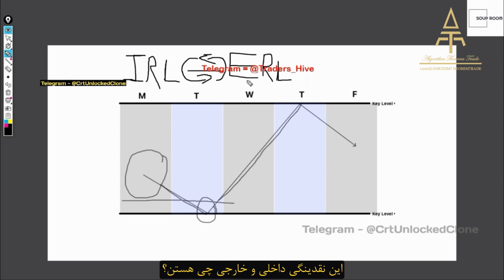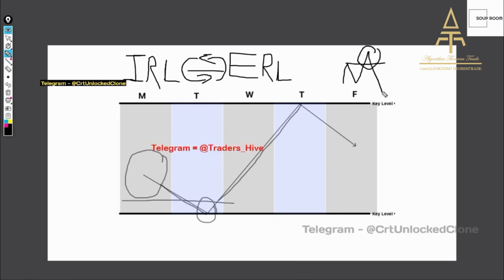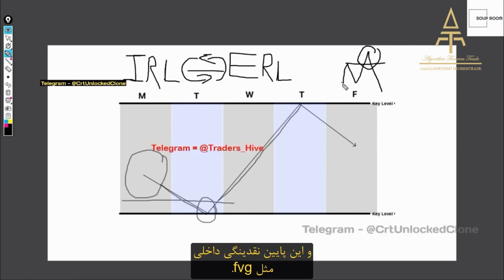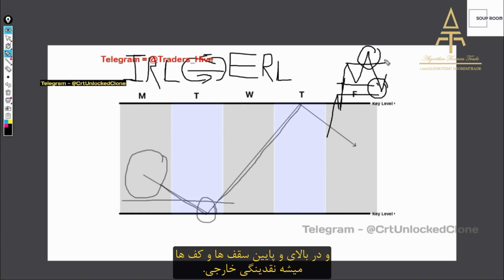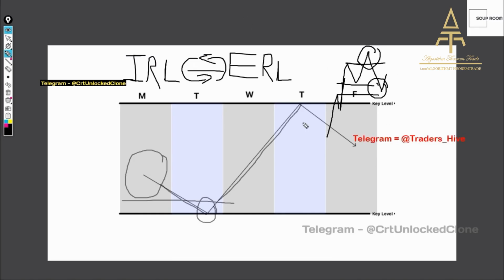What's internal range? What's external range? This is external range liquidity. This is internal range liquidity. Let's say this is a fair value gap. This would be internal range for value gaps within a range. This is external range above a high or below a low. Okay? Very, very straightforward.